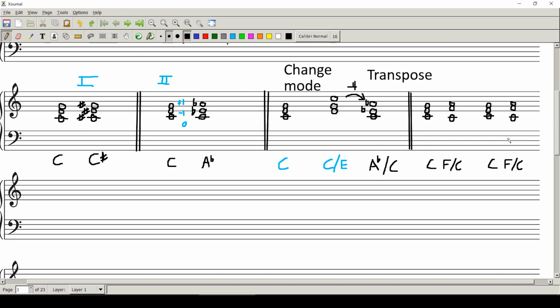Well, okay, what's the clearest way to do this? Yeah, I think I can do it this way. Transpose it down 1 semitone so that F becomes E, so that A becomes G sharp, and so that C becomes B. So here's a combination of a mode change and then a shift down 1 semitone, which takes us from C major to E major, where the root becomes the fifth.